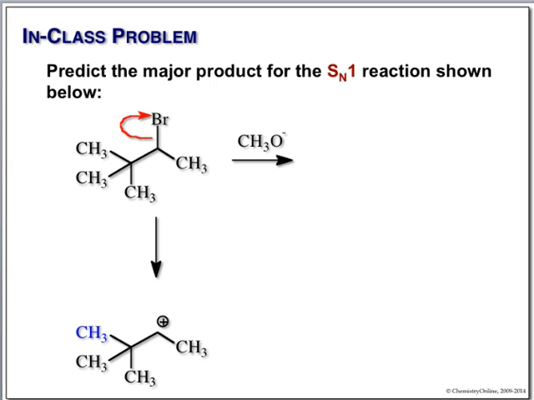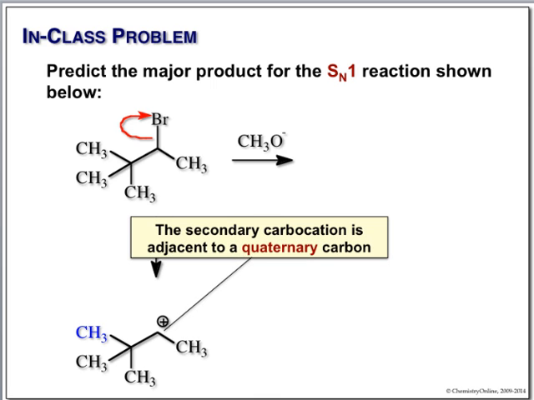Now, if this was a hydrogen, no problem, right? Because we just slide the hydride over. But here we can't slide a hydride because we don't have a hydrogen. What we do instead is grab this entire methyl group and let it slide over from here to here.